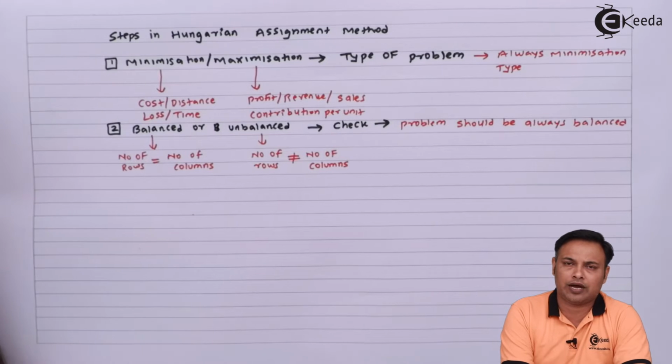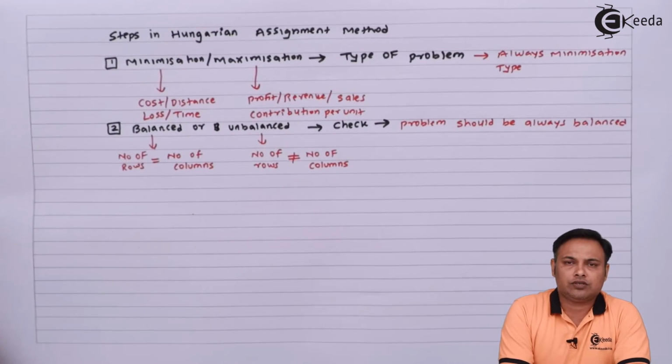Now starts the real part where we actually do some calculations. We do row operations and column operations and actually solve an assignment problem. Now let's see what the steps are.